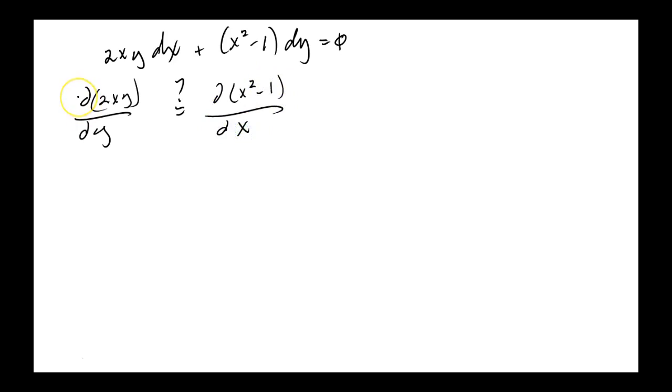Well, what's the partial of 2xy with respect to y? 2x. And what's the partial of x squared minus 1 with respect to x? That's 2x also. Ding, ding. It works. Therefore, we know this is an exact differential.